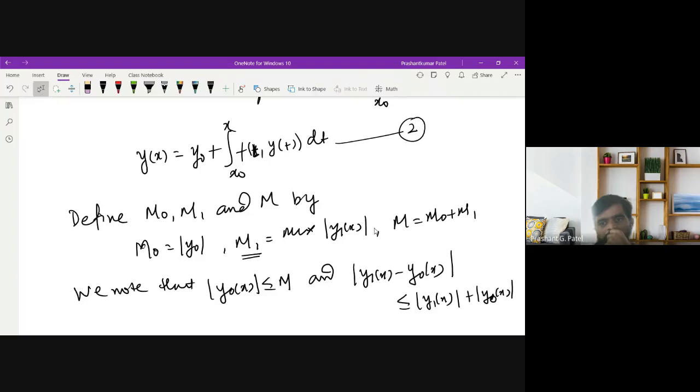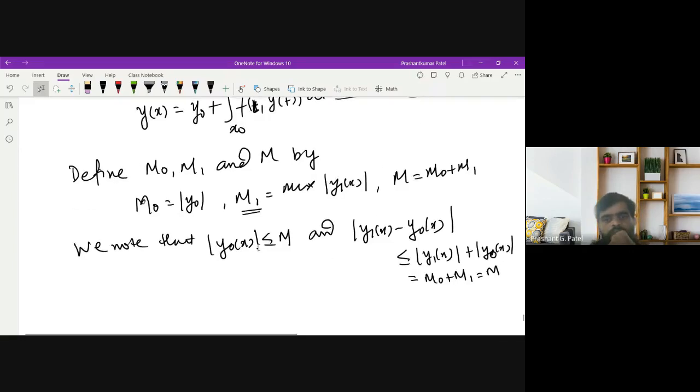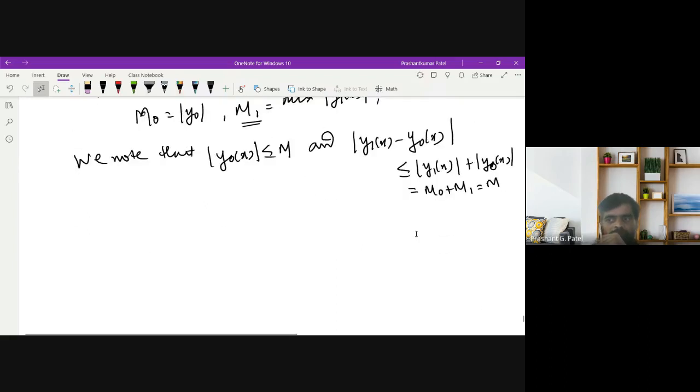So this is equal to M0 plus M1, which is exactly M.